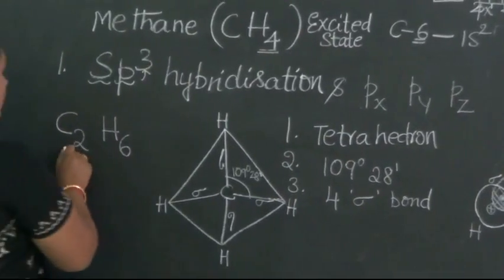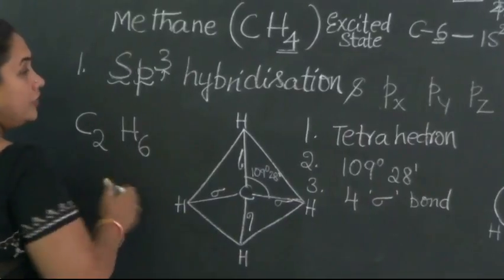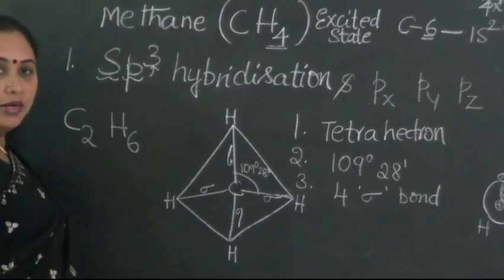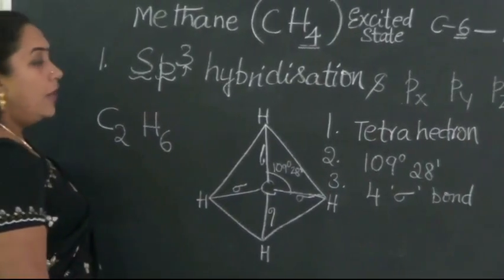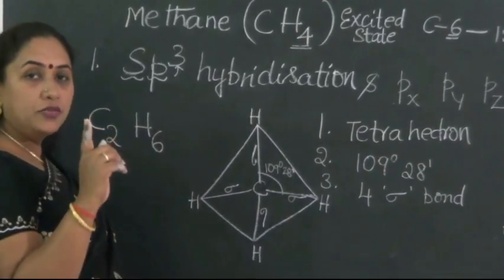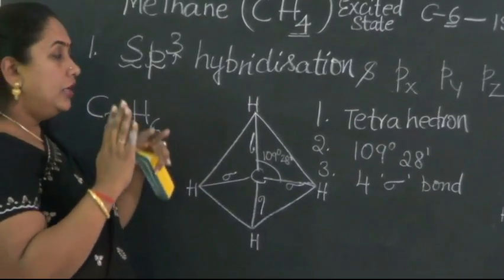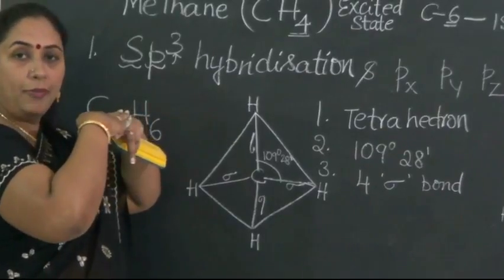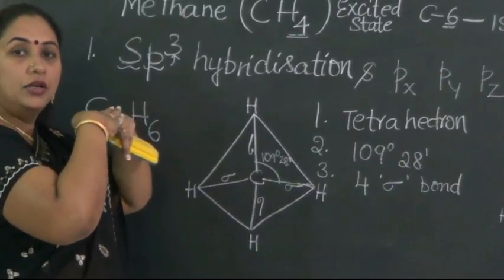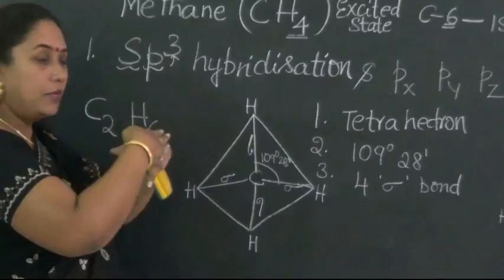So now in this case, of the 4 sp3 hybrid orbitals, 1 sp3 hybrid orbital from each carbon atom is utilized for head-on overlapping between the carbon atoms to result in the formation of a sigma bond.